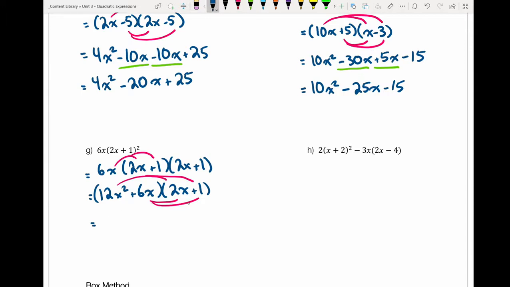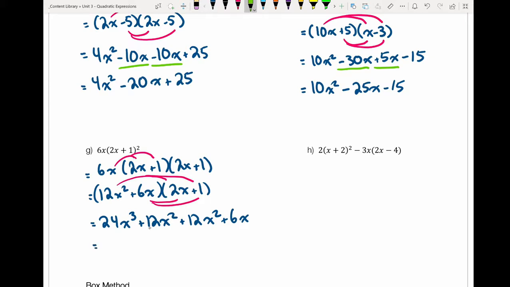So 12x squared times 2x is 24x cubed. 12x squared times 1 is 12x squared. 6x times 2x is 12x squared. And then 6x times 1 is plus 6x.